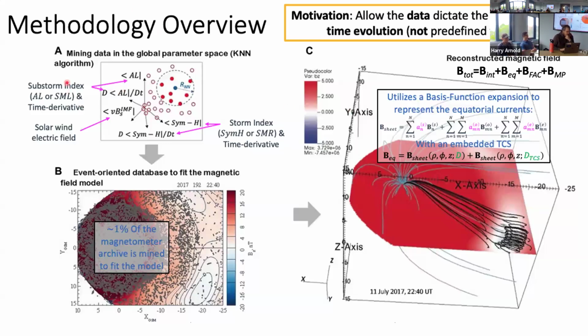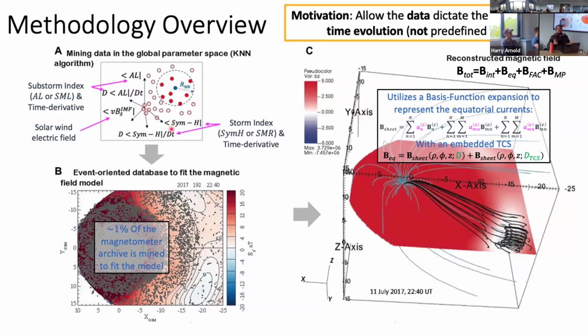So data mining, this reconstruction method, has been used by Misha Sitnov and Grant Stevens to reconstruct the Earth's magnetic field at a given instant in time. What they do is they take their database of about 10 million magnetometer measurements from satellites throughout the magnetosphere, and they put them in this 5-dimensional state space where each point is characterized by the SML index, which is the substorm geomagnetic index, its time derivative, the SMR index, which is the storm time index, and its time derivative, and then the solar wind driving electric field, which is basically how much energy the solar wind is putting into the system.